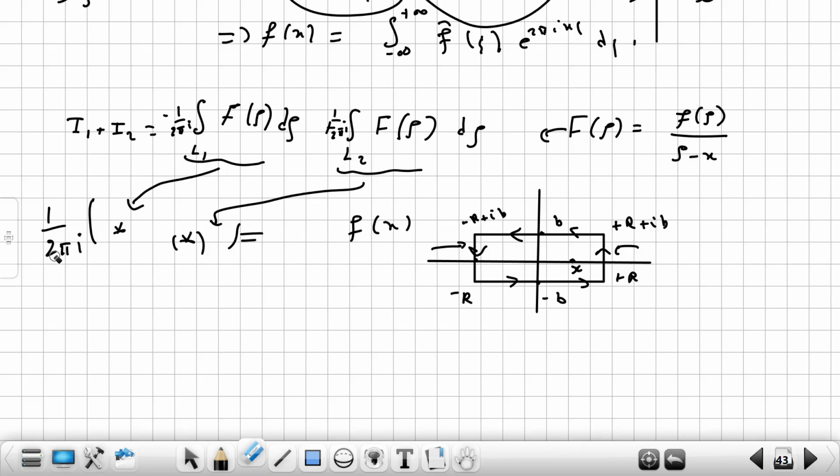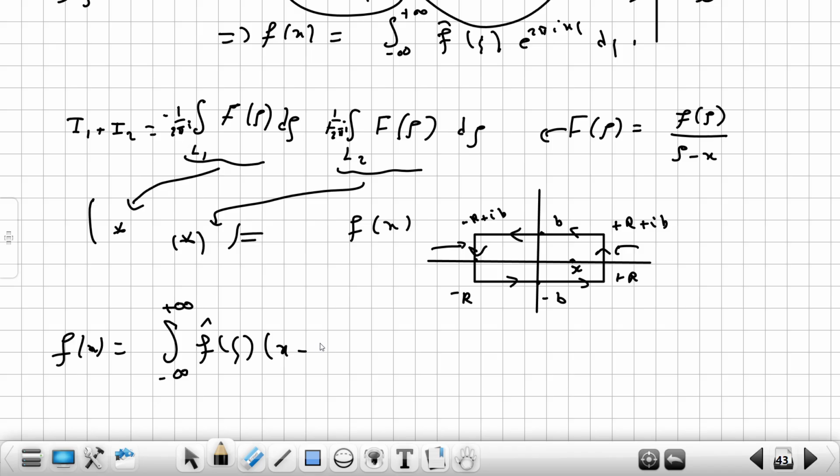And we conclude that f of x equals the integral from minus infinity to plus infinity of f hat psi e to the power 2 pi i x psi d psi for all x belonging to R.